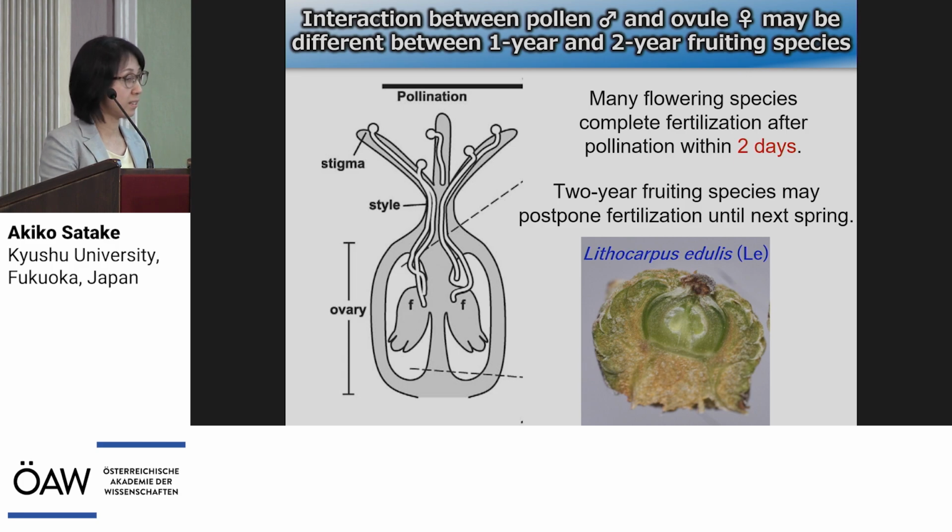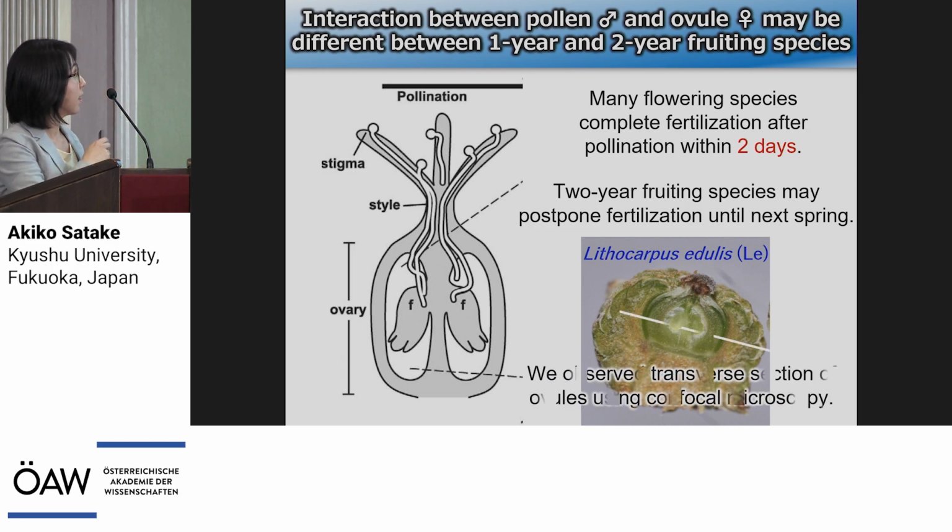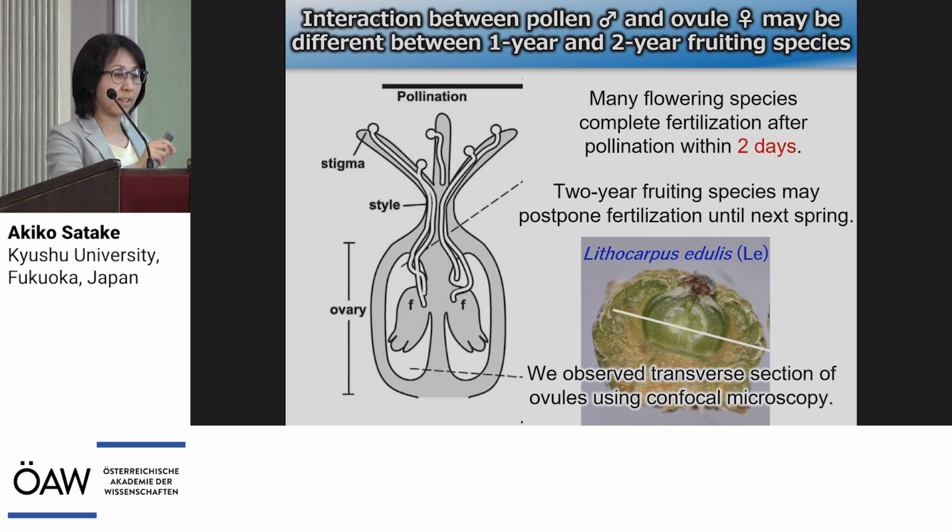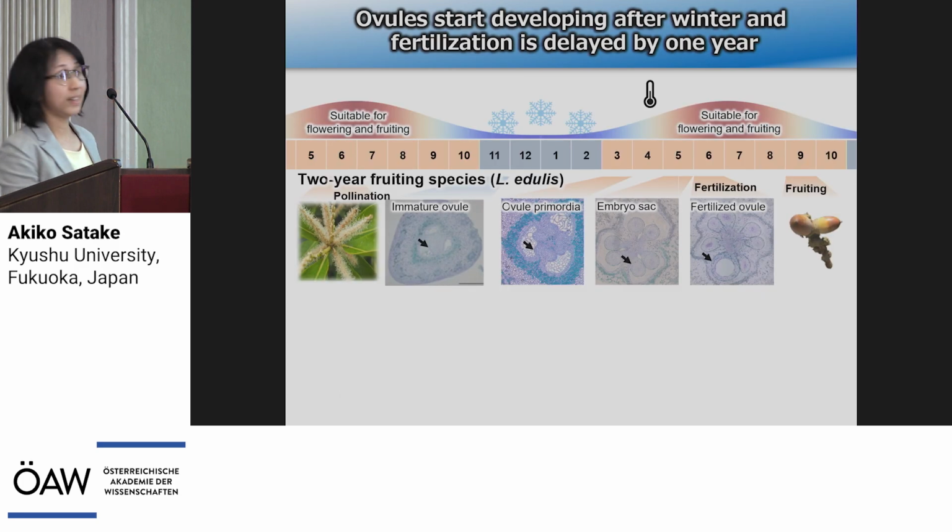So to test this hypothesis, we observed the transverse section of ovules using confocal microscopy. And indeed, we found the ovule development is very slow in 2-year fruiting species. So pollination happens in June in 2-year fruiting species, Zelkova... Quercus aetris.